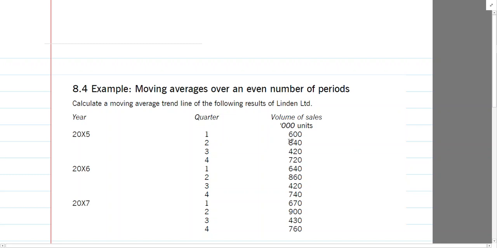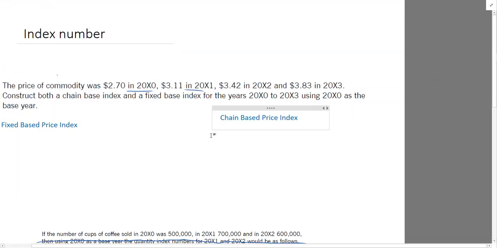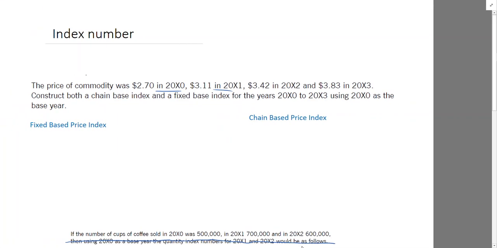Next, we look at index numbers. Index numbers is when we look at the change in price and the change in quantity over time, over the quantity that is sold for a certain product and the price at which a product is sold.